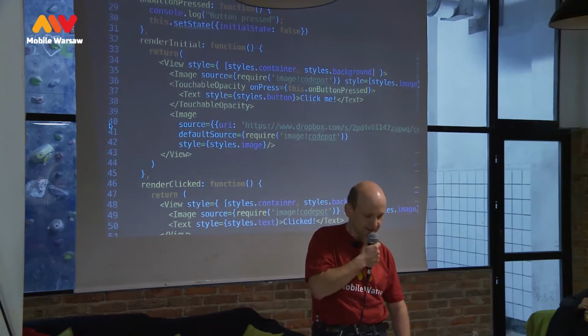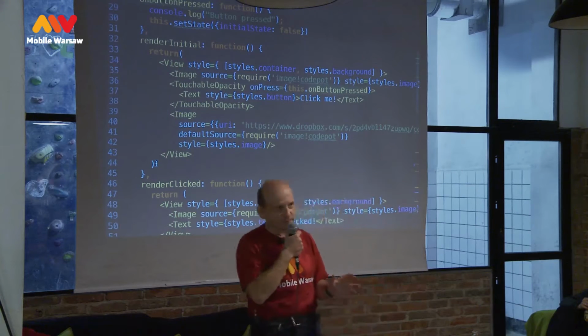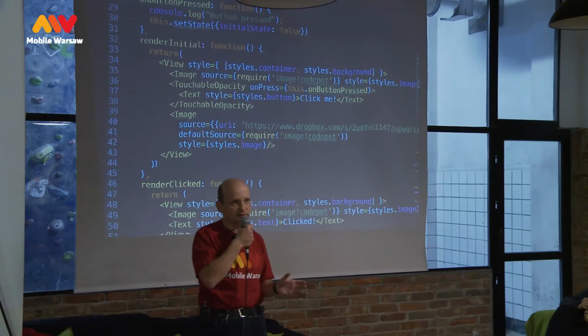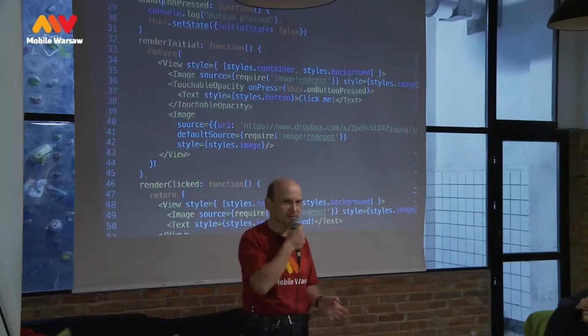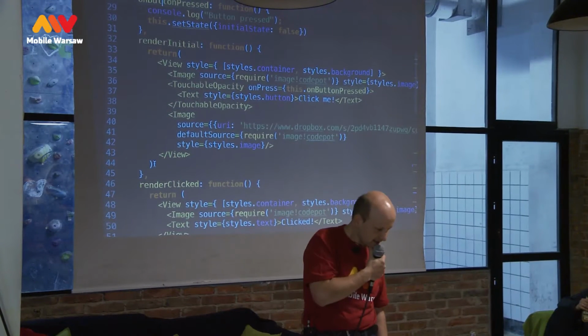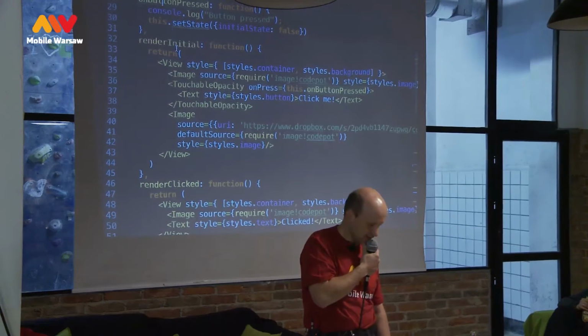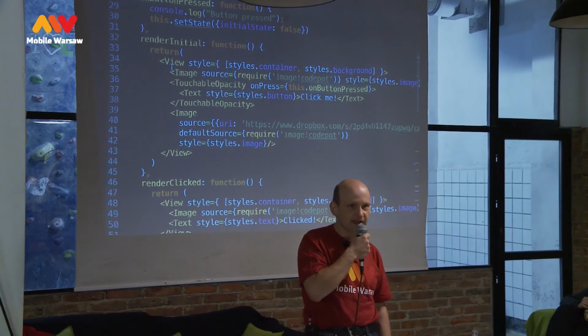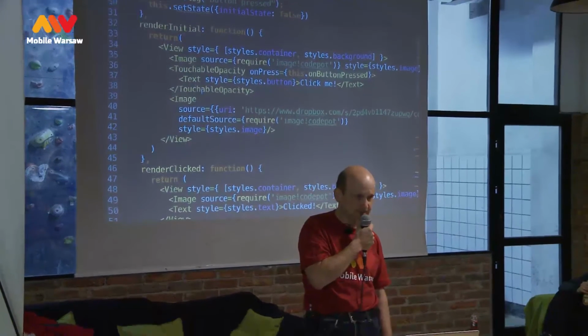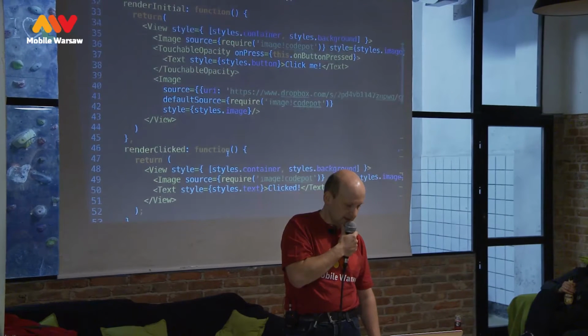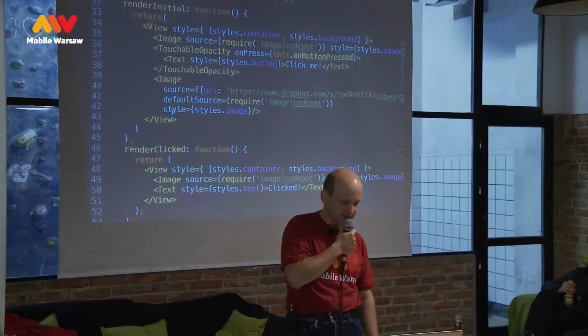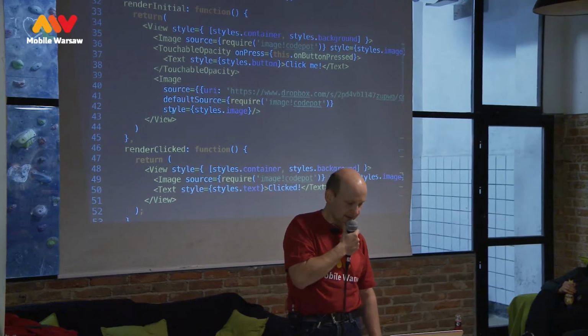For those of you who know JavaScript and do not know JSX, that's becoming a little bit scary because we are mixing a little bit of JavaScript with some kind of XML. A little bit strange, but that's how it works. I will tell about that a little bit later.